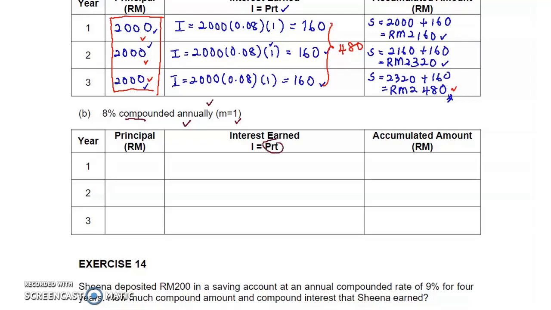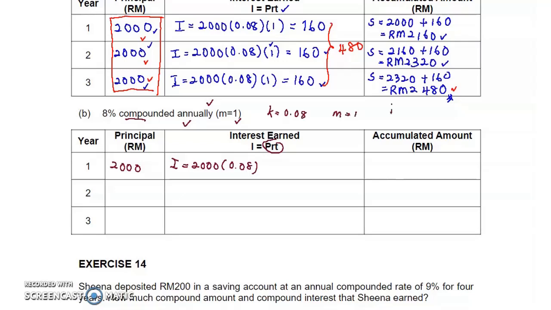Now look at how to calculate interest for the first year. Principal is still 2000. If compounded annually, how do we calculate interest? 2000 multiplied by the rate for 1 year, which is 8%. So in this case, K equals 8% and M equals 1.